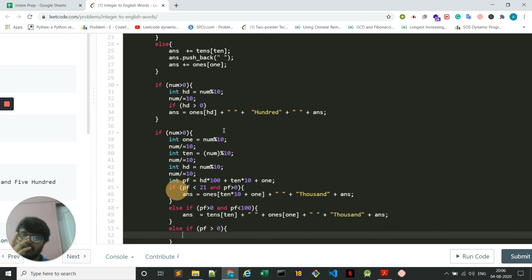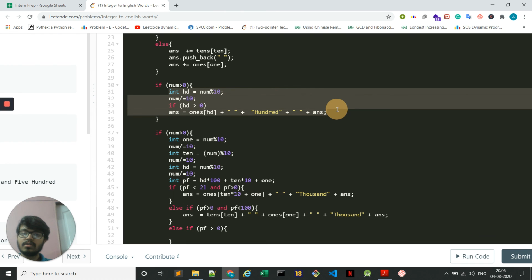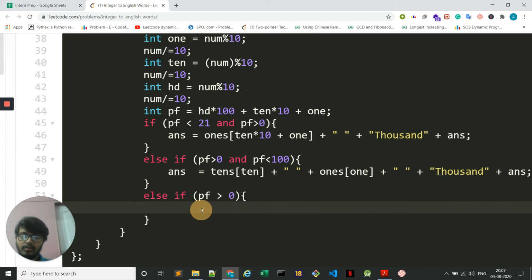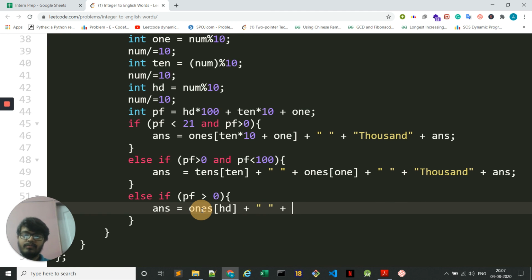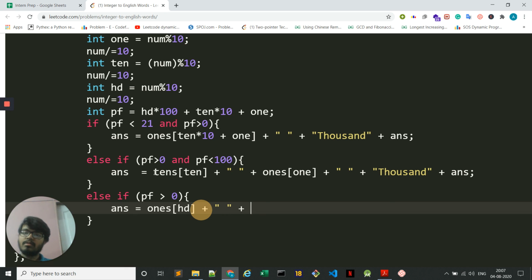In this case, we have this HD, so it should be ones of HD plus 100 and 13 or 14, like 114.